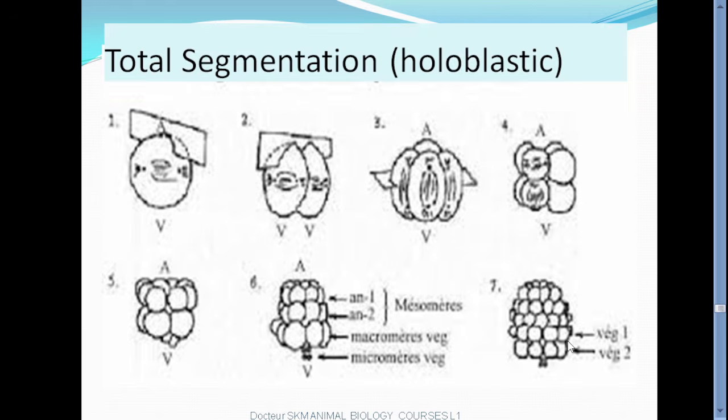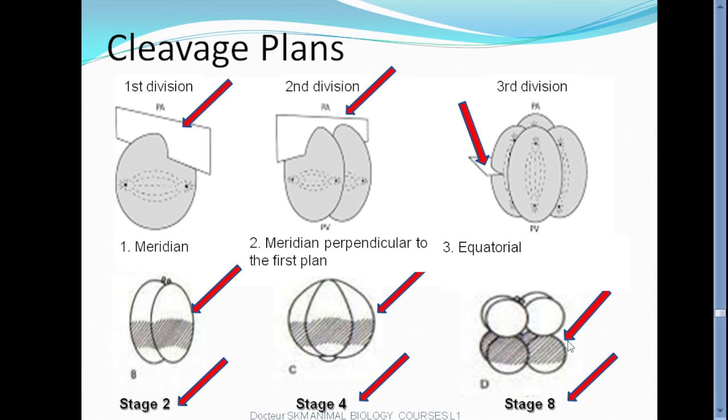So let's discover the cleavage plane. The first division of the zygote is in two cells, and this division is according to a specific plane, which is the meridian plane. As you can see, the meridian plane is a plane that goes from animal pole to vegetative pole, and it divides the zygote in two cells.